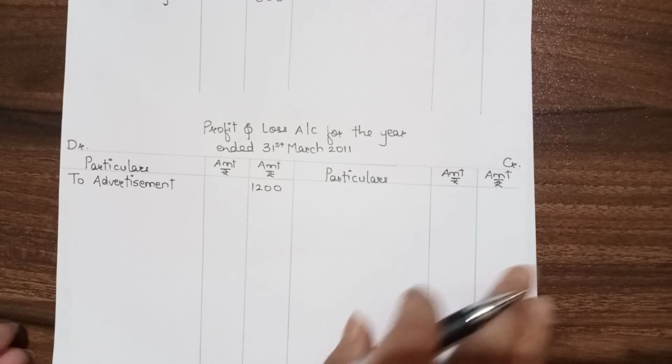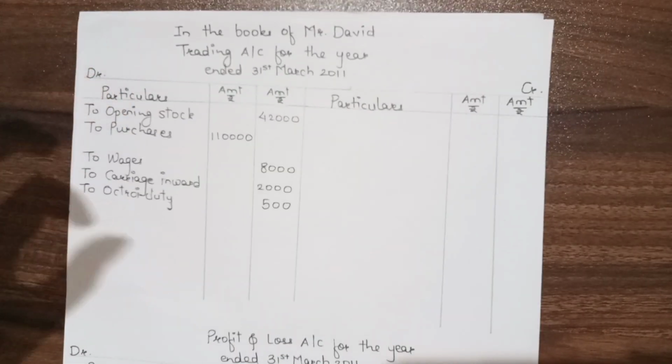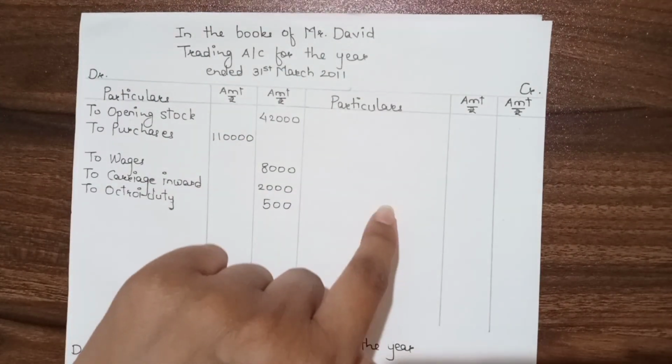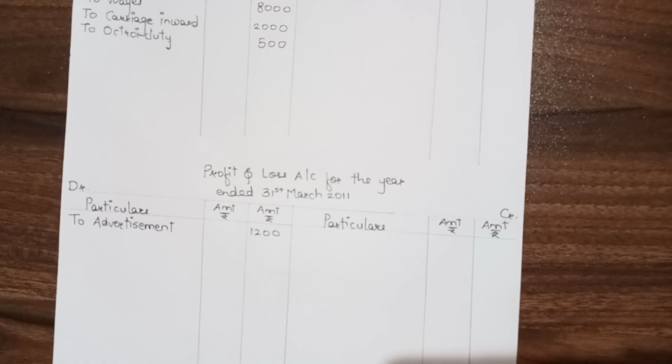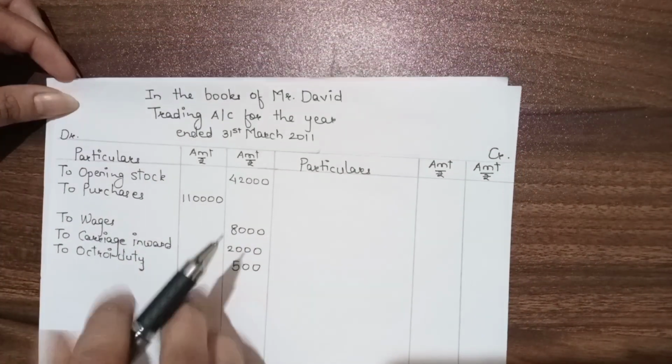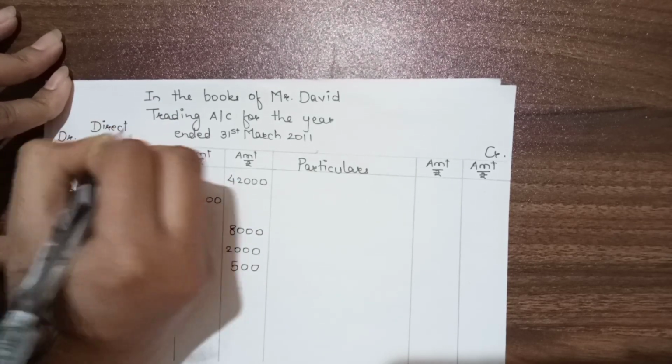Okay, so this is how you have to identify the indirect expenses and indirect income. Trading account's debit side is your direct expenses, and here credit side is going to be your direct income. And here in profit and loss account it is similar. This is going to be your indirect expenses and this credit side is going to be your indirect income. Okay, I will write down over here. These are your direct expenses.